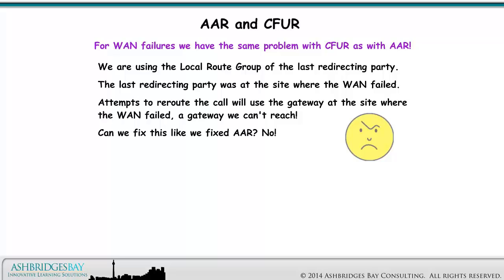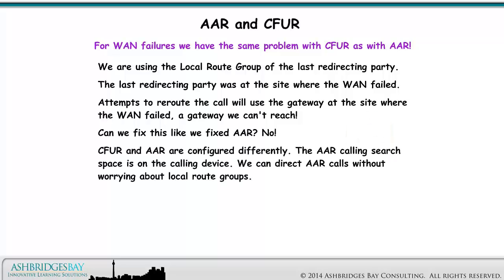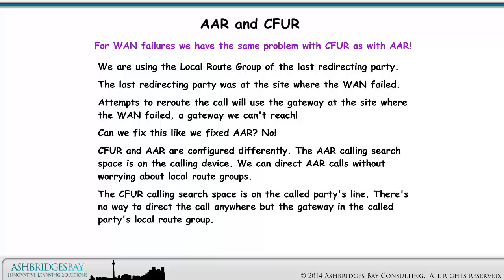No. CFUR and AAR are configured differently. The AAR calling search space is on the calling device. We can direct AAR calls without worrying about local route groups. The CFUR calling search space is on the called party's line. There's no way to direct the call anywhere but the gateway in the called party's local route group. We'll talk about this more shortly.